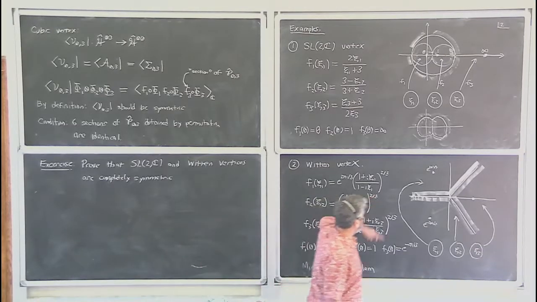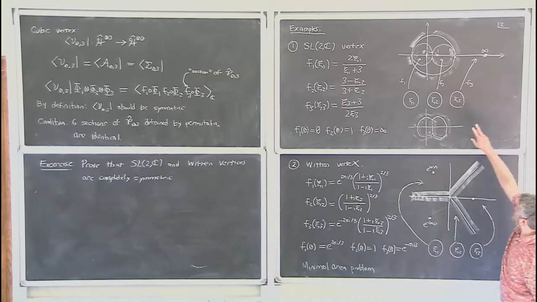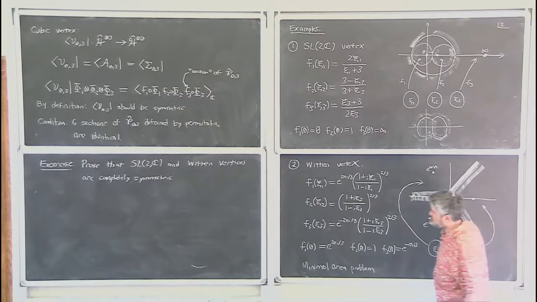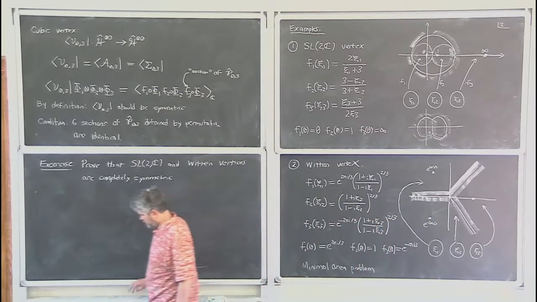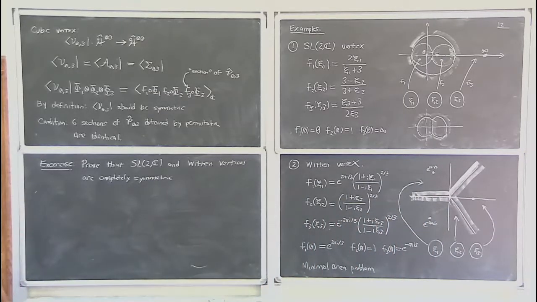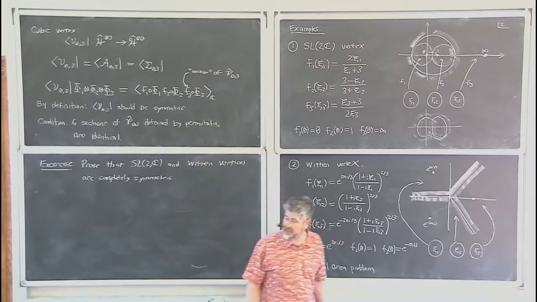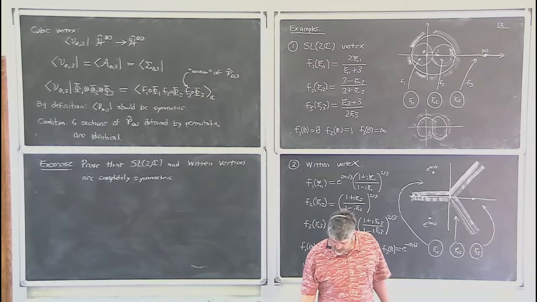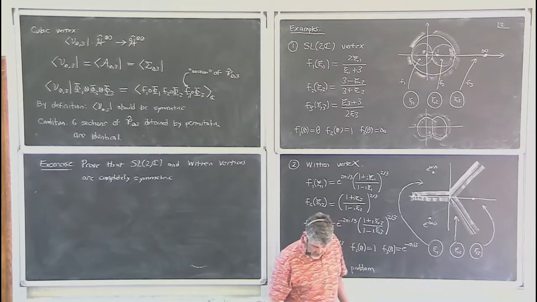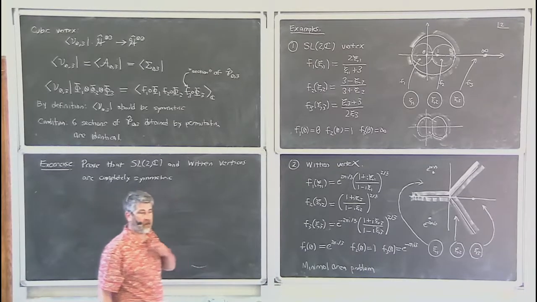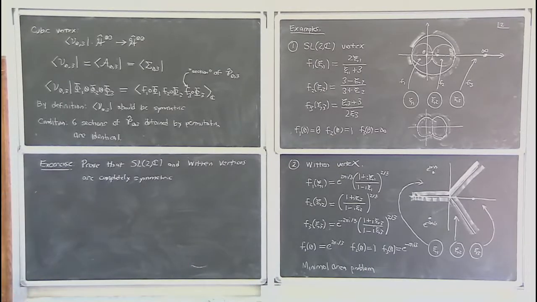But the picture of the local coordinate patch looks rather similar to this one. Any questions? So you have several different possible choices of cubic vertex, and these different choices should be related by field redefinition of the underlying closed string field theory.